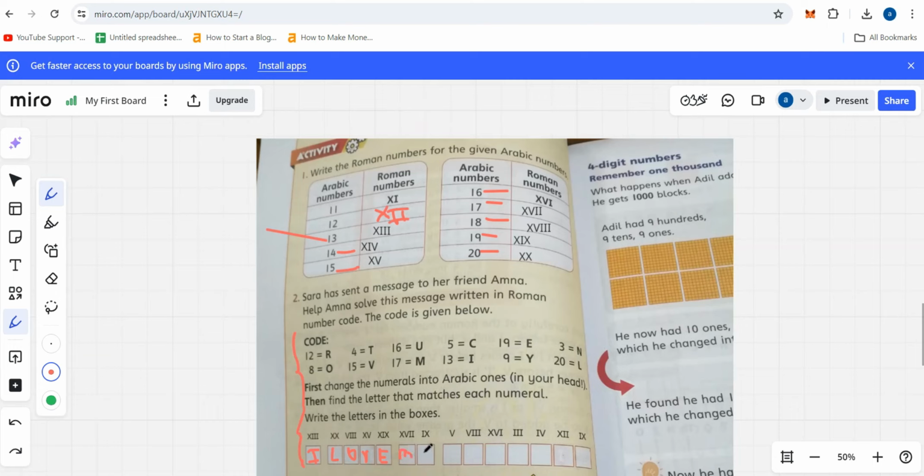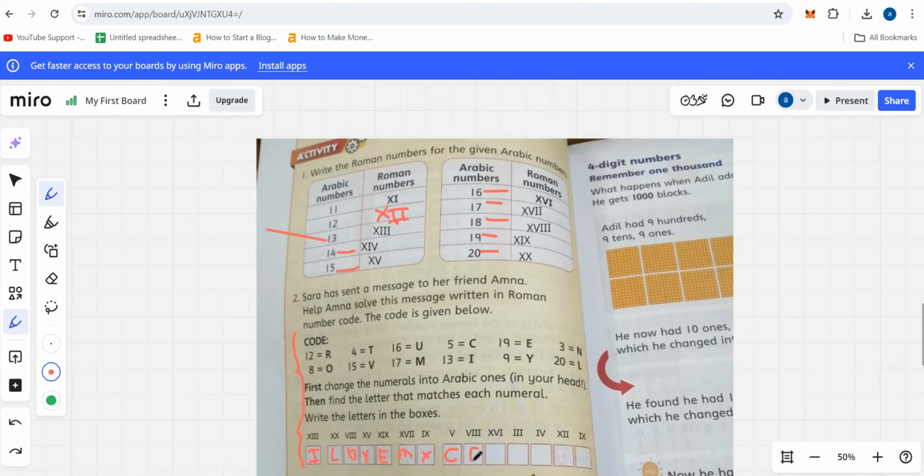In IX, I stands for 1, and letter X means 10. Here we will apply rule number 1. Therefore, we will subtract 10 minus 1, and it will become 9. So the number is 9, and the letter is Y. V stands for 5. The number is 5, and the letter is C. In VIII, V stands for 5, and III stands for 3. It will be added, and it becomes 8.